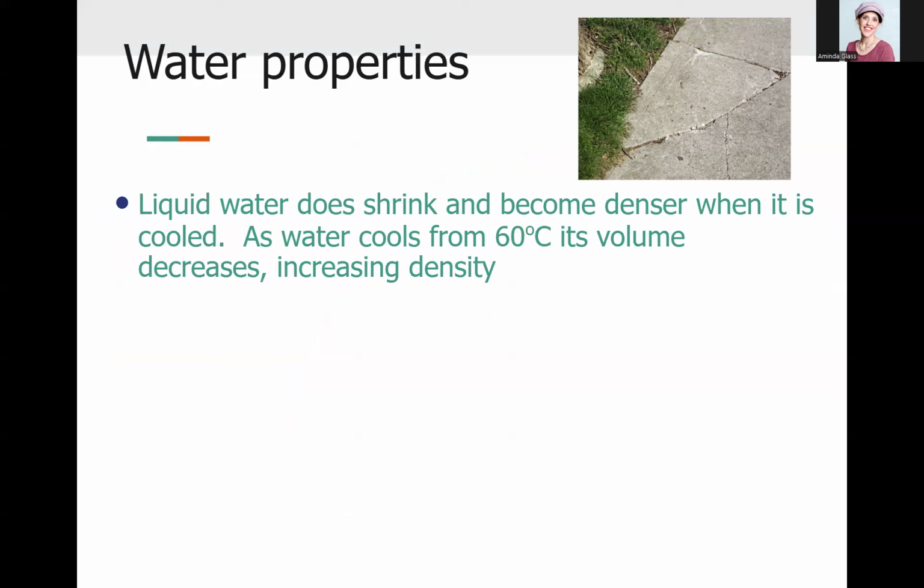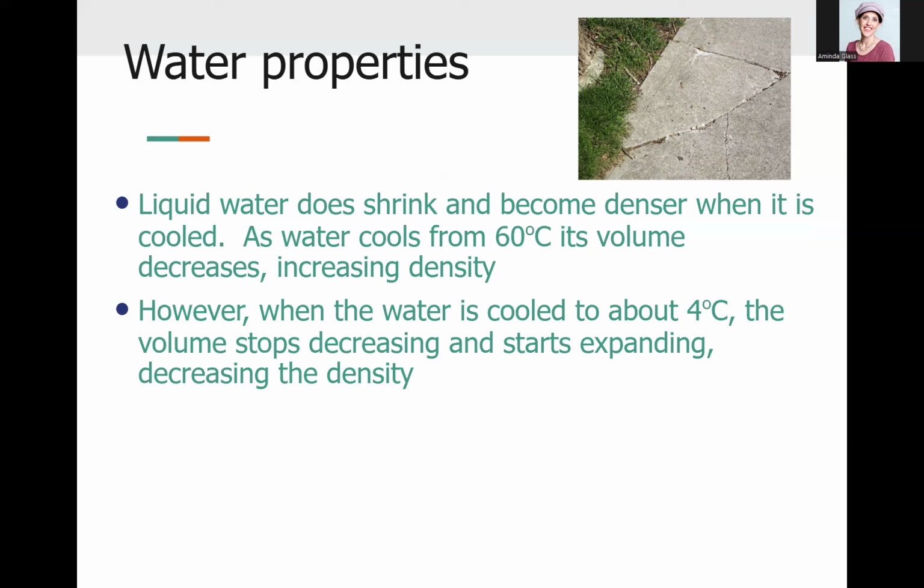Now, liquid water does shrink and become denser when it's cooled, but at a certain point, it starts to expand. As it cools from 60 degrees Celsius, which is much warmer, it's not quite boiling, but it's very hot water, its volume starts to decrease, and that does increase its density.